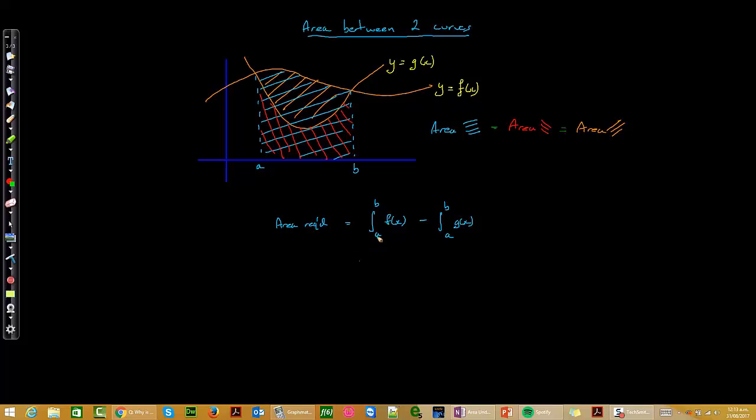Now you can actually combine these two. This is algebraically correct. You could simply calculate the integral between the limits a, b of function f minus function g. Sometimes that's simpler to do algebraically.